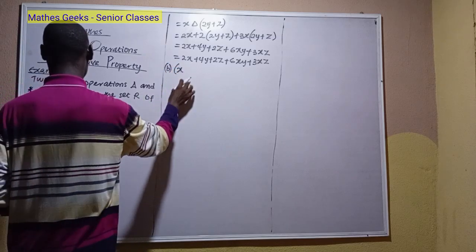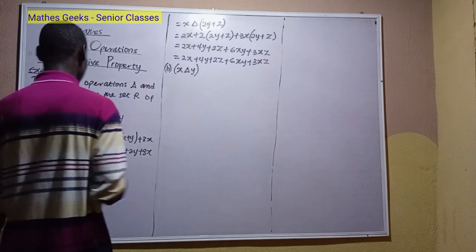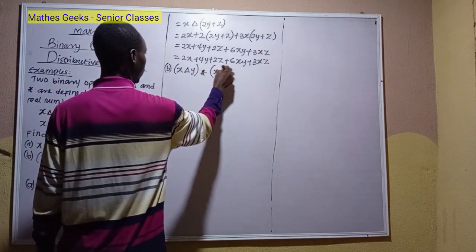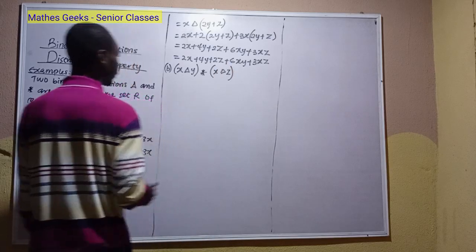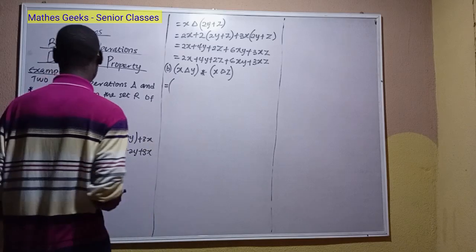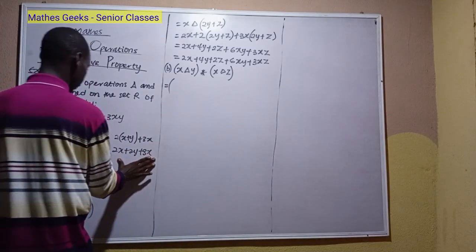(x star y) operation (x star z), expression c. So let's get x star y. This will give us x star y is 2x plus y, and x operation y simplified form is this.